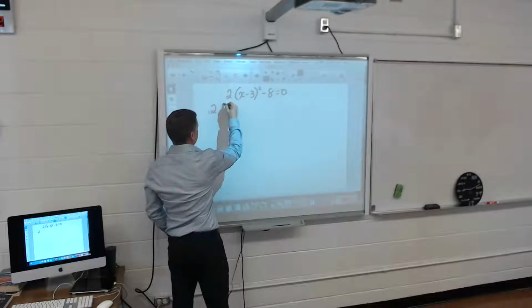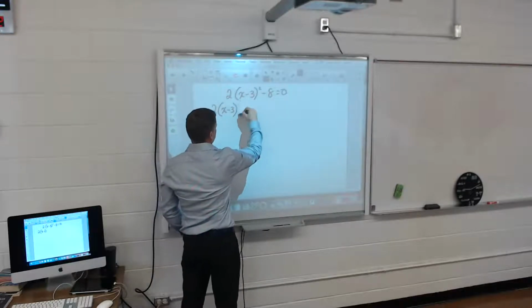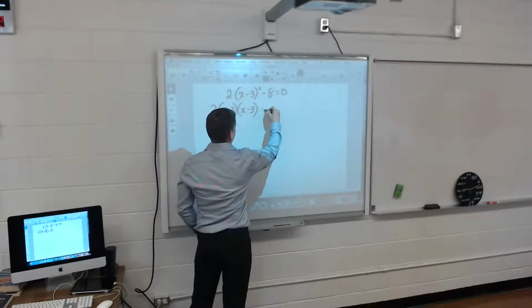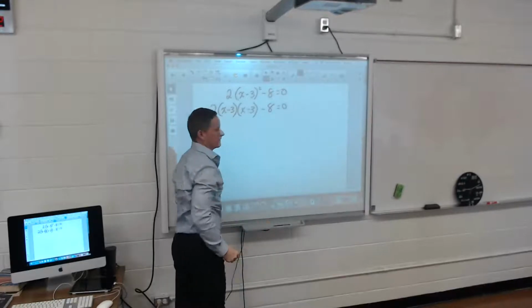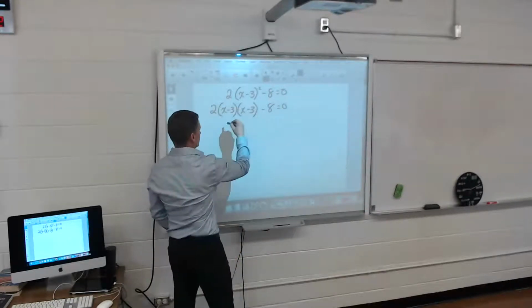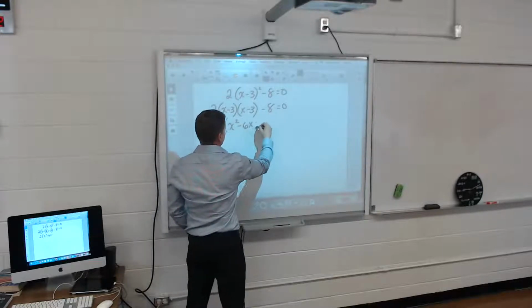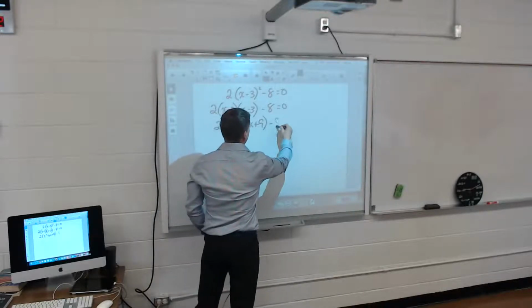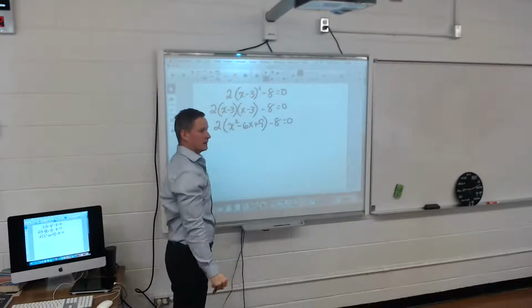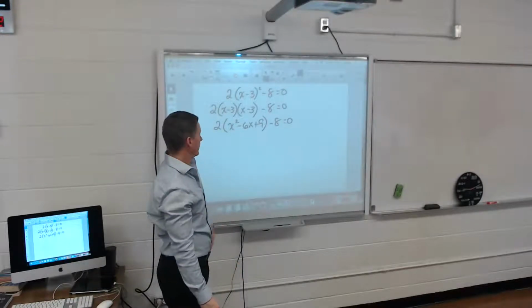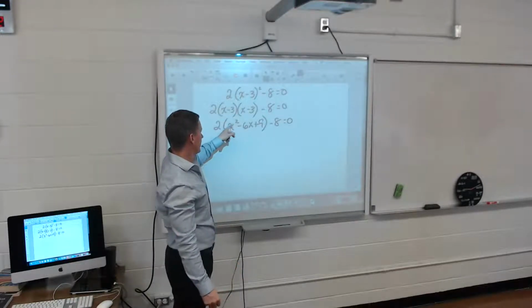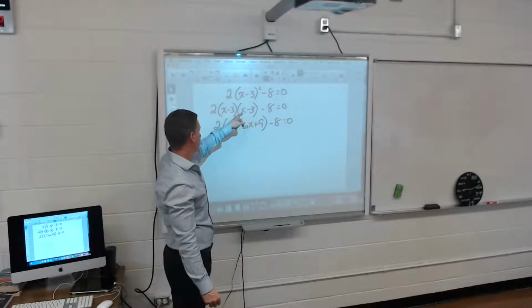This is actually 2 times (x minus 3) times (x minus 3), right? Yes. Subtract 8 equals 0 like that. When I multiply, I FOIL that out. I end up with x squared minus 6x plus 9, subtract 8 equals 0, right? Yeah. Okay, x times x is x squared. x times negative 3 is negative 3x.